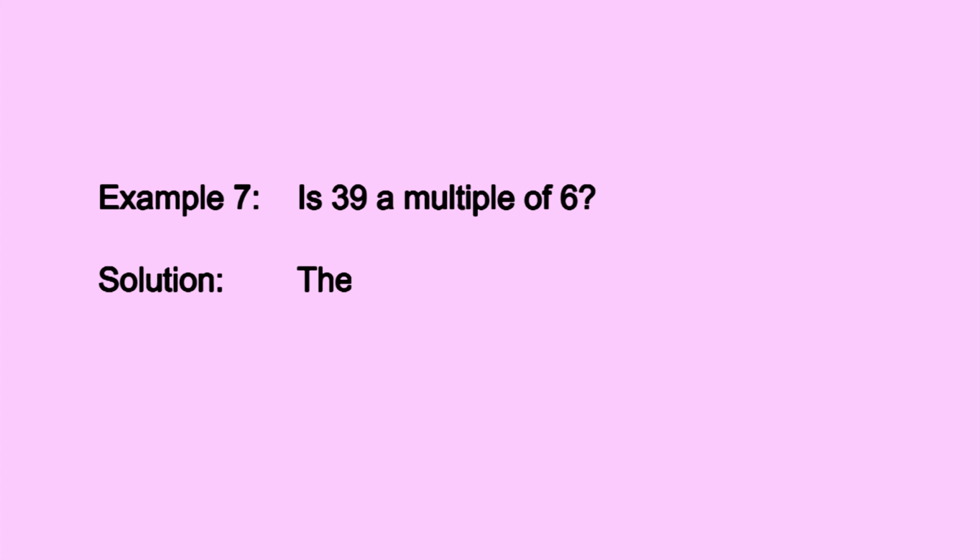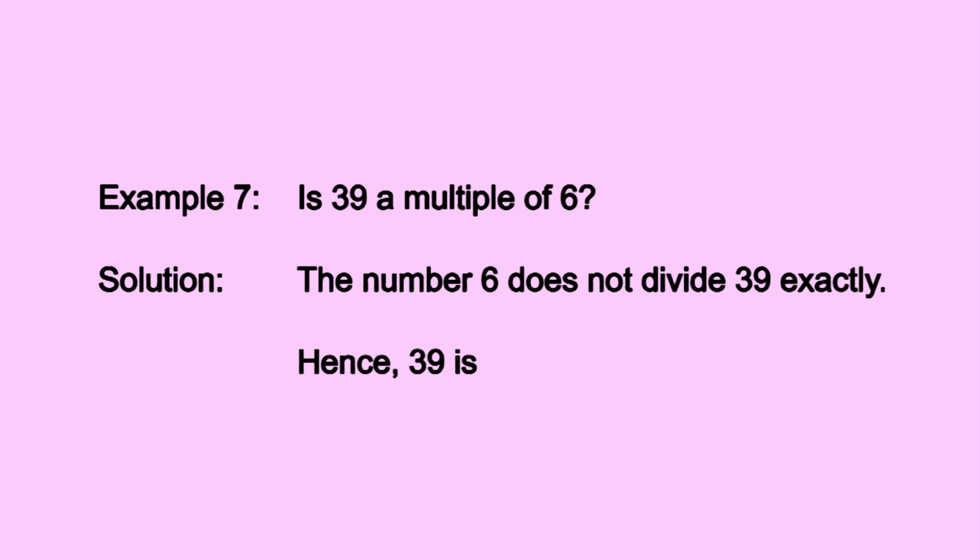Example 7. Is 39 a multiple of 6? Solution. The number 6 does not divide 39 exactly. Hence, 39 is not a multiple of 6. Example 8. Is 154 a multiple of 11?